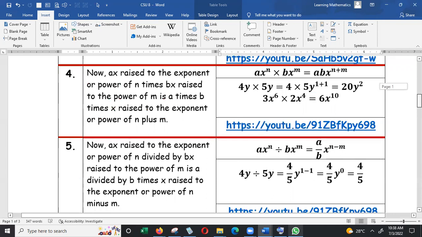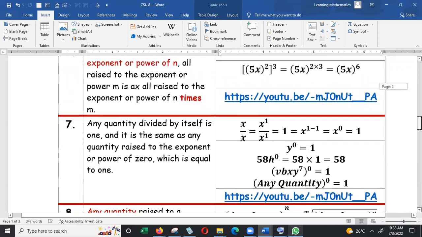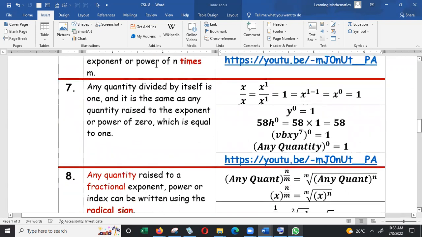Now you can recall from a previous video that we said that any quantity divided by itself is the same as that same quantity raised to an exponent of 0, which is equal to 1, because any quantity divided by itself is 1.